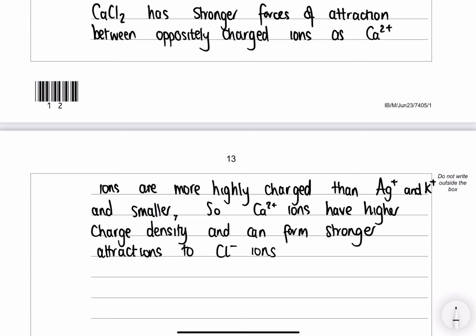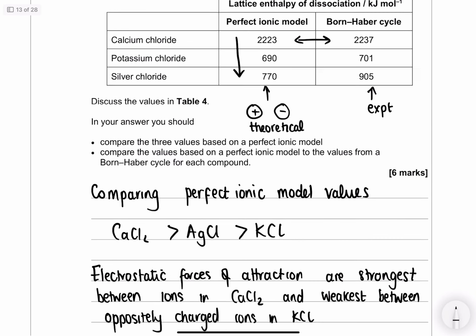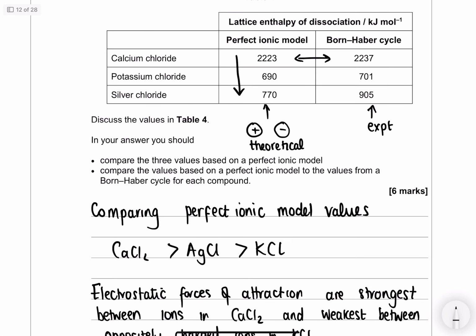Okay, so the next bit is to compare the values across the table between the perfect ionic model and the Born-Haber cycle. So we can see that the values for calcium chloride are fairly similar, there's not a big difference. And for potassium chloride, they're fairly similar too.